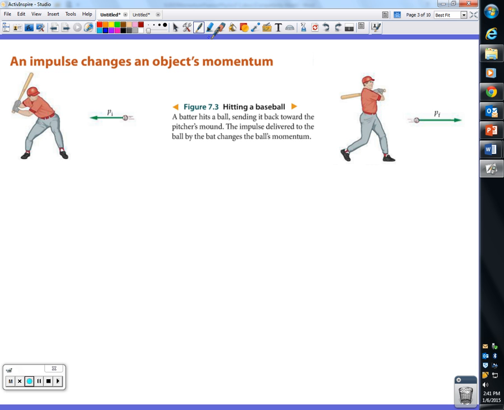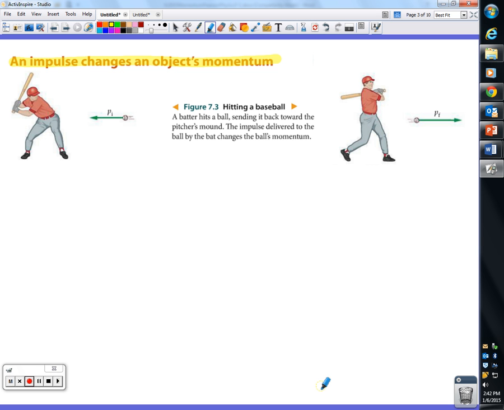Impulse changes an object's momentum. The force that is applied over a certain amount of time causes the momentum of the object to change. It could increase, could decrease, could go exactly in the other direction. But there is a change in momentum because of impulse.